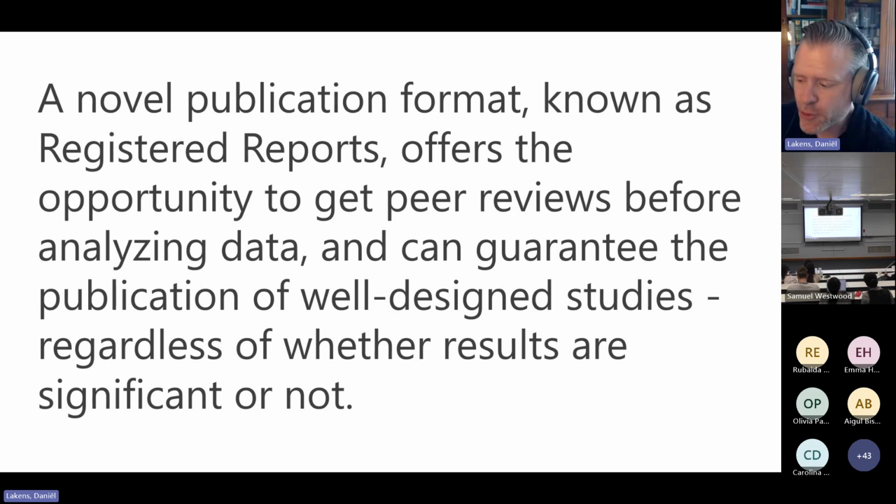So in a registered report, you basically send in your study idea, and then you get feedback from peers. You submit your introduction and your analysis plan and your methods, but you don't have the data yet. You say, this is how I plan to collect the data, and this is why that's interesting to do, and this is how I'll analyze it. And this package gets sent for peer review.